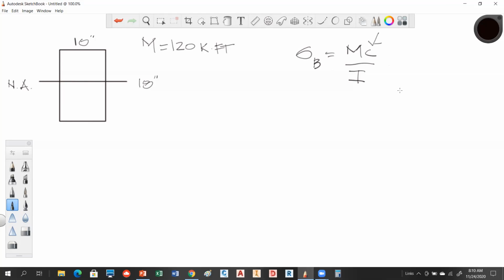It's the distance from the neutral axis to wherever you're determining where the stress occurs. So if you're at the neutral axis, what is C? It should be 0. If that's 0, this goes to 0. So there's no stress at the neutral axis.